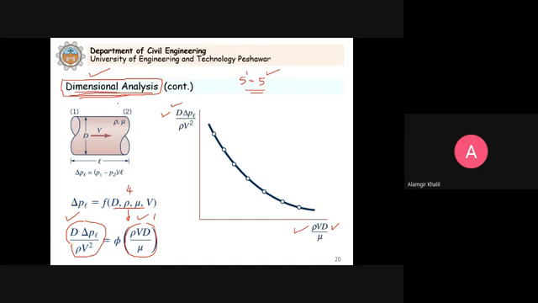The other advantage is that when we apply the dimension analysis and get this functional relationship, we reduce the number of parameters to the minimum possible. We identify that this rho Vd by mu is something familiar, and we find out that this is actually the Reynolds number.